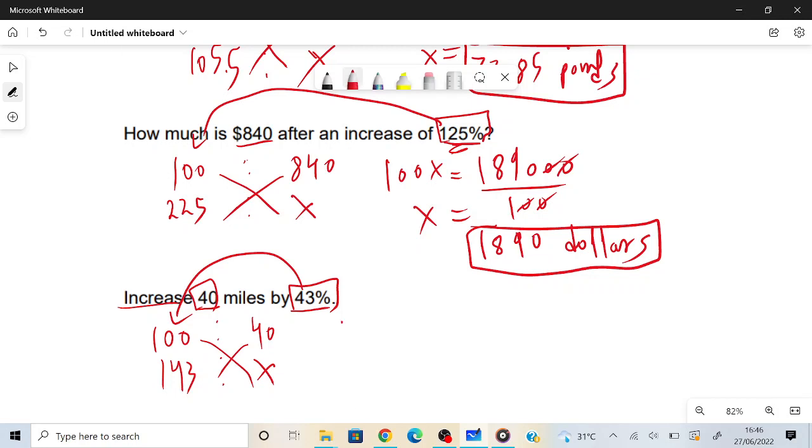We have 100x equals 40 times 143, and doing that you get 5720. And now solving for x, x is simply 5720 divided by 100, and that is 57.2 miles. Please never forget your units, very, very important.